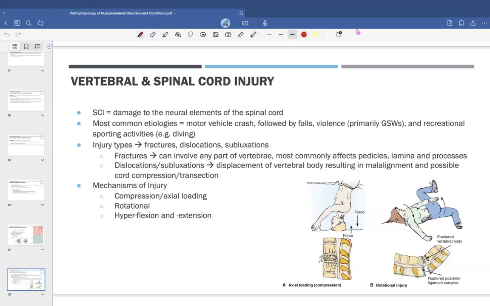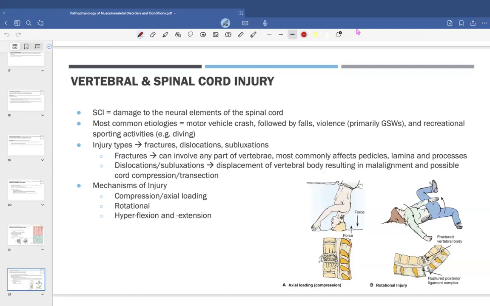Not every patient has a spinal cord injury, especially when I was backing out of a parking spot in the parking lot and somebody bumped into me. Probably not going to happen then. So mechanism of injury becomes really, really important.